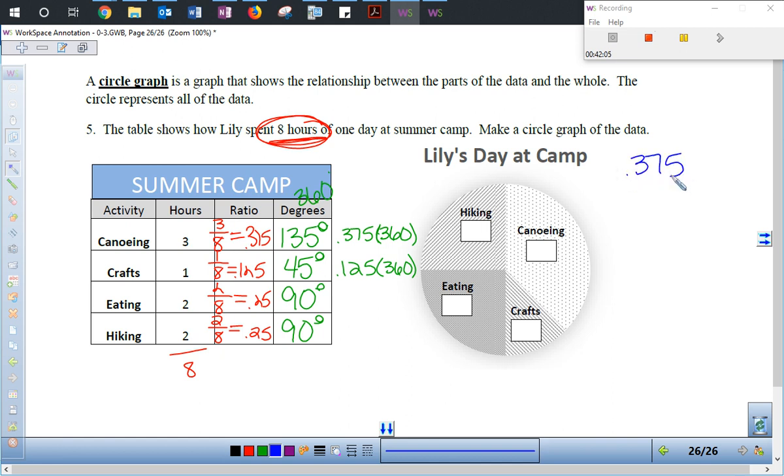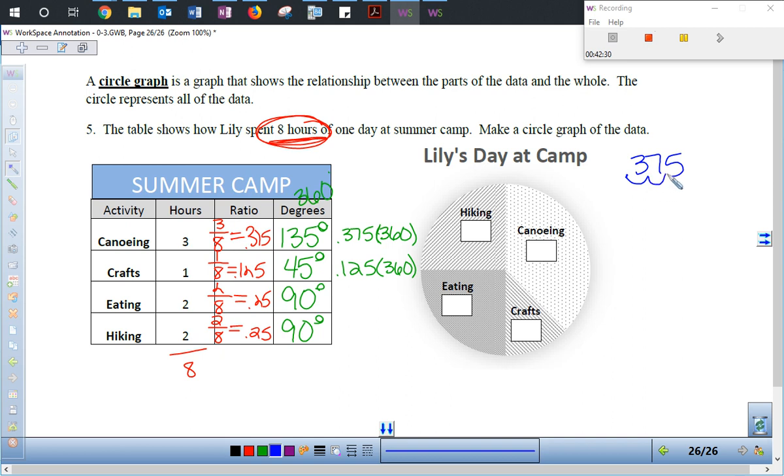I need to take that ratio or that decimal and turn it into a percentage. And to do that, all we really need to do is multiply it by 100. Now, if you'll remember, yes, that's mathematical, but there was a shortcut to do that. We really just need to take this decimal here and move it 2 places to the right.